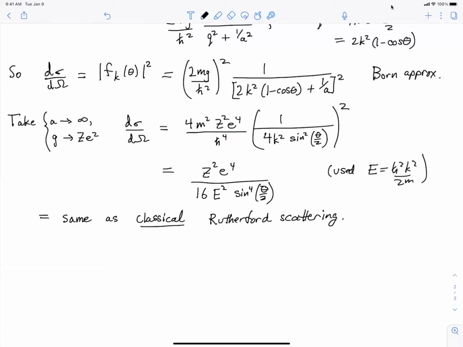It comes about from basically assuming that the potential is very weak, and so you're not getting interference between the different waves. Okay, so this is nice because we started with a potential that in a certain limit looked like the Coulomb potential. Then we did the Born approximation, we got an answer, and sure enough, in the limit where it was supposed to look like the Coulomb approximation, we got just that.